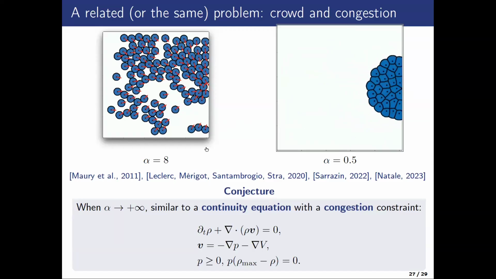And that's very close to a system that has been introduced by Bertrand Maury, I think, and they have a nice PDE description for that. They did a simulation at the particle level and said that the good equation should be that continuity equation with a congestion constraint. So it doesn't matter so much what the form of the equation is.